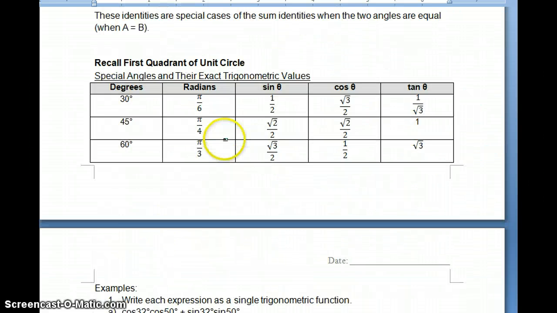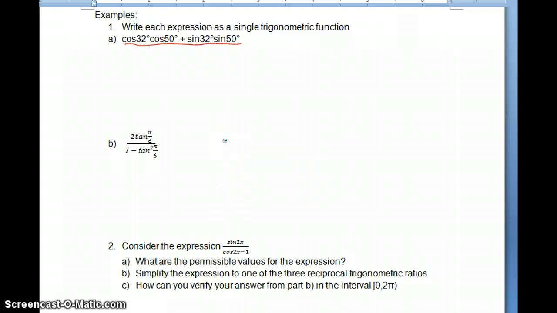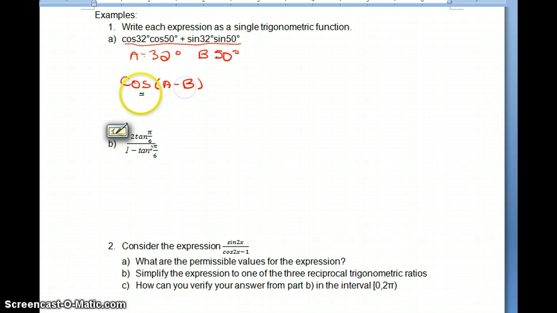Okay, so I'm just going to scroll back down there. Sorry if I'm giving you whiplash, I'm just flipping back and forth. Alright, so for this one here, A is equal to 32 and B is equal to 50 degrees. So we can rewrite this as cosine of A minus B, which is cosine of 32 minus 50.